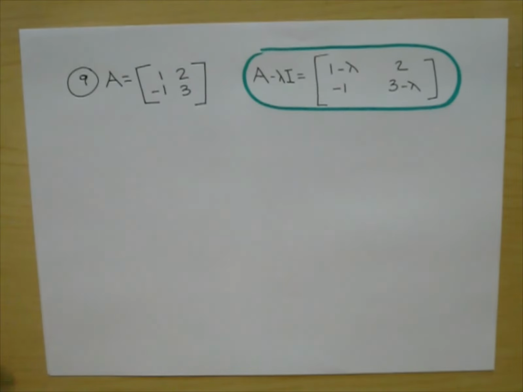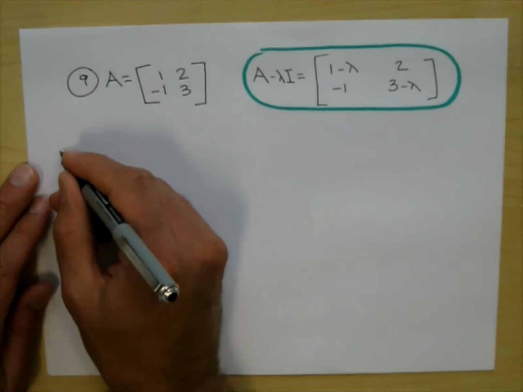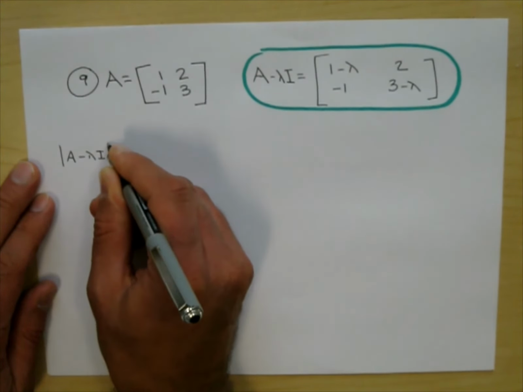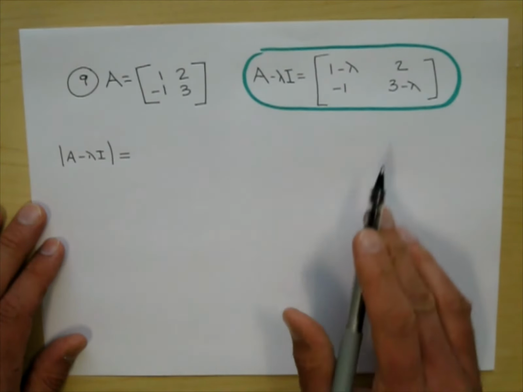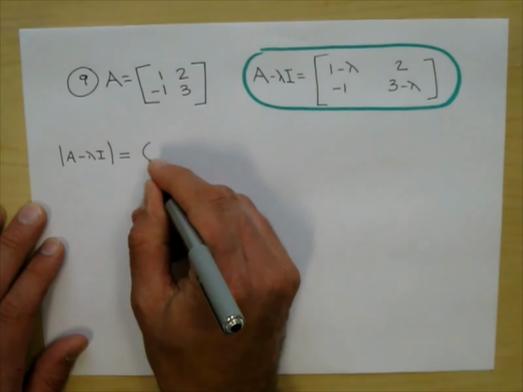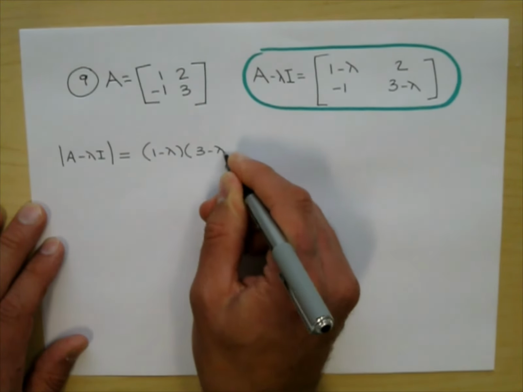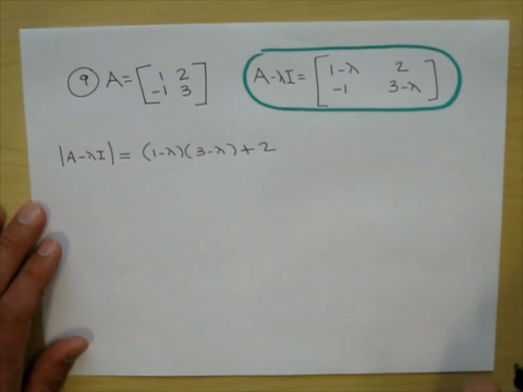Okay, let's find the set of eigenvalues. I have to take the determinant of A minus lambda I, which is AD minus BC in this case, so I'll write that down. This is going to be plus 2 because it's minus negative 2.